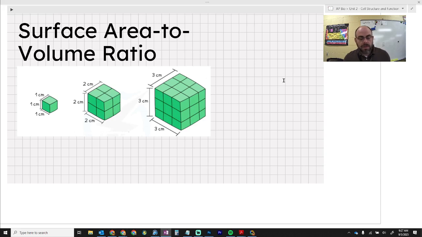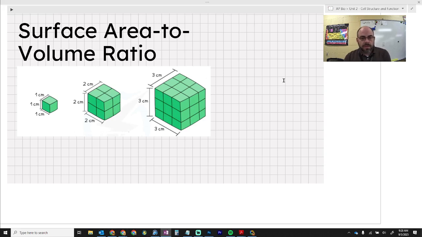And so higher surface area to volume ratios, 6 to 1 being higher than 2 to 1, allow for more efficiency. They improve nutrient uptake, waste elimination, and they allow the cell to get rid of heat, or to keep heat if that's what needs to happen.